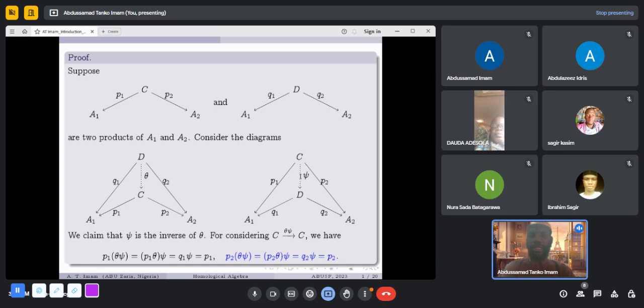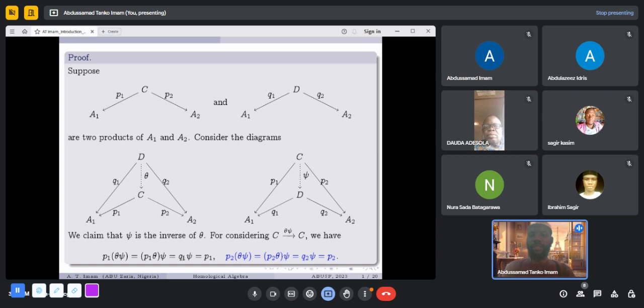It means apply psi first, getting from C to D, then apply theta from D to C, and then apply P1 from C to A1. That is the same thing, by associativity, as composing theta then P1 first, and you get Q1 by commutativity of this diagram. So P1 after theta should be Q1.